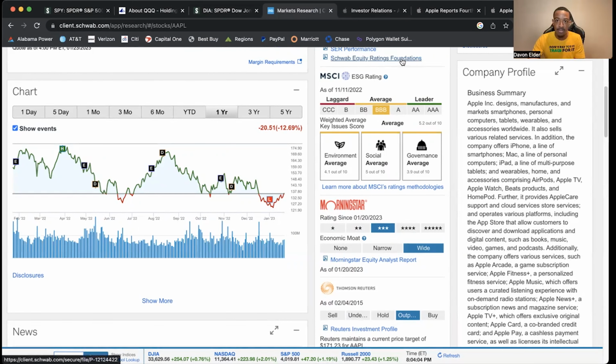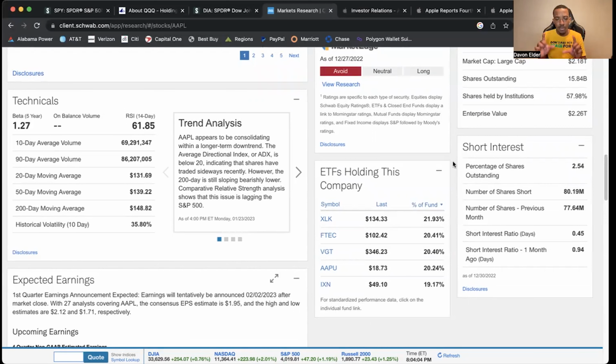Also, another thing that Charles Schwab shows that I actually like to see is very interesting: they show the ETFs that are actually holding this company. So you've got XLK, FTEC, VGT, AAPU, and IXN.